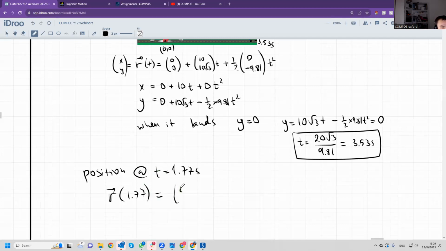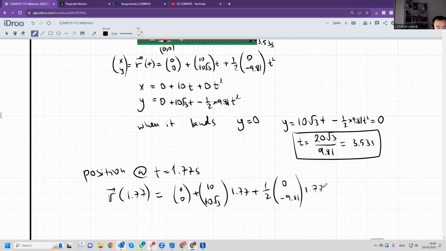And that's equal to 0, 0 plus 10 root 3 times 1.77 plus 1/2, 0 minus 9.81 multiplied by 1.77 squared. This is the maximum height. So the maximum height is 17.7.